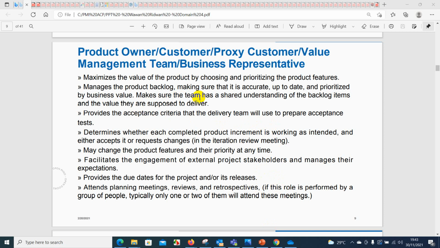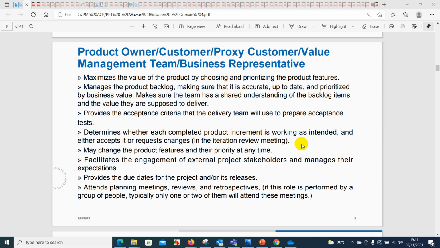Make sure the team has a shared understanding of the backlog items and the value they are supposed to deliver. Provide the acceptance criteria that the delivery team will use to prepare acceptance tests. Determine whether its completed product increment is working as intended and either accepts it or requests change in the iteration review meeting.